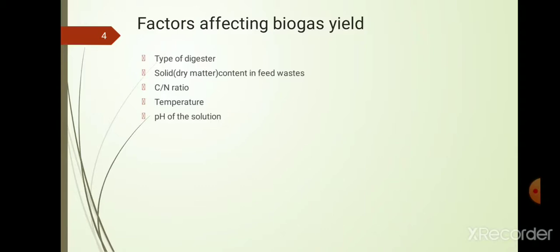Then pH of the solution is another important factor, since the rates of the acidogenesis and the methanogenesis reactions depend upon the pH of the solution. Then retention time, how much time our biomass is present in that reactor. And the type of microbes. So these are the factors affecting biogas yield.